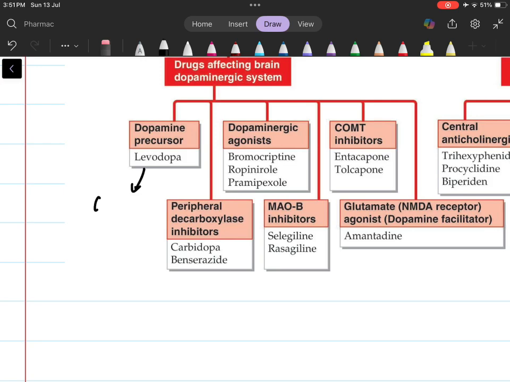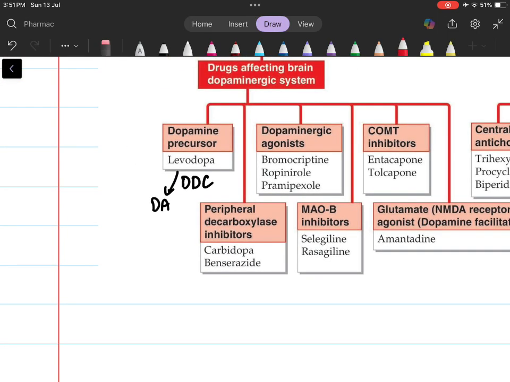L-DOPA is converted into dopamine in the presence of dopa decarboxylase. And if you remember your biochemistry, this is catalyzed by dopa decarboxylase, which requires PLP or pyridoxal phosphate, which is nothing but the coenzyme form of vitamin B6.